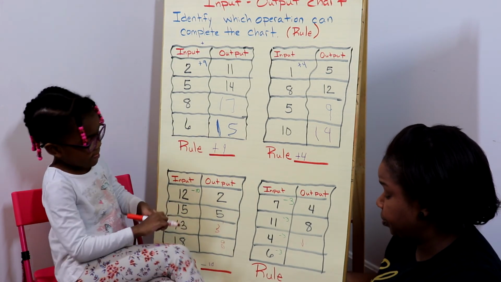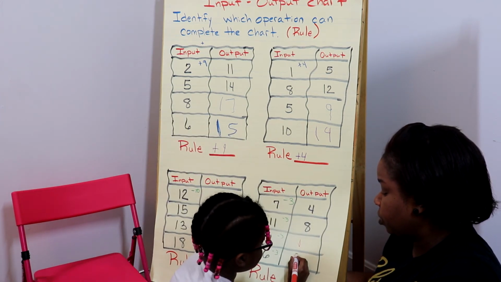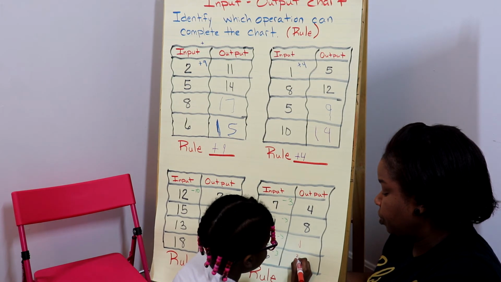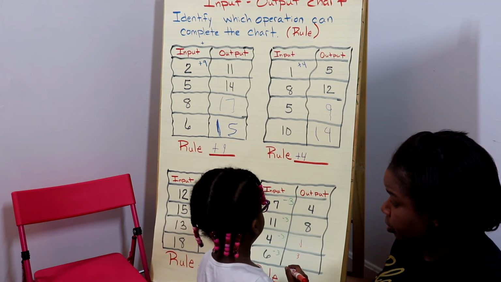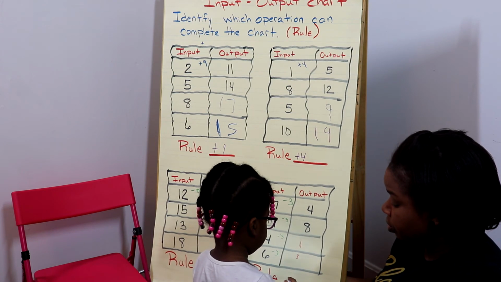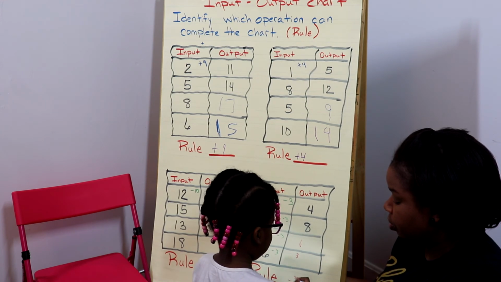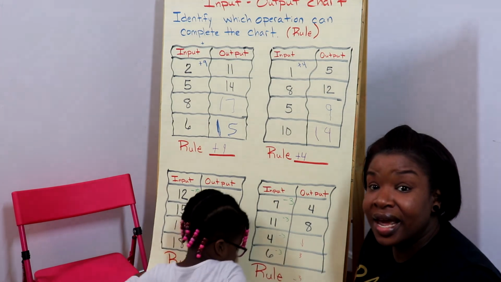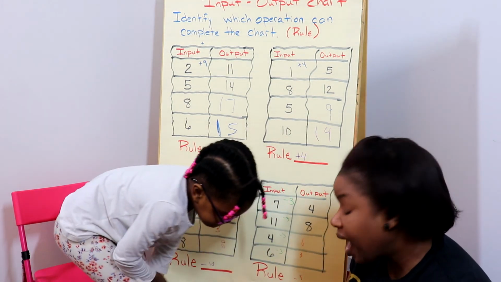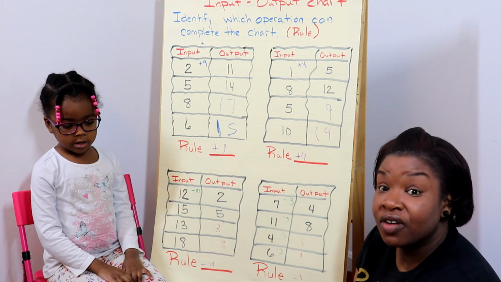Write it. Okay, and what is the rule? Minus 3.